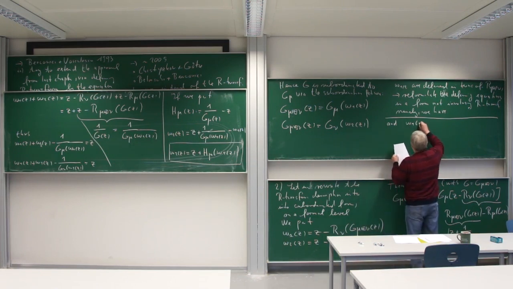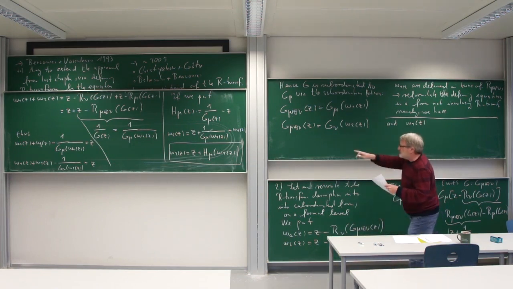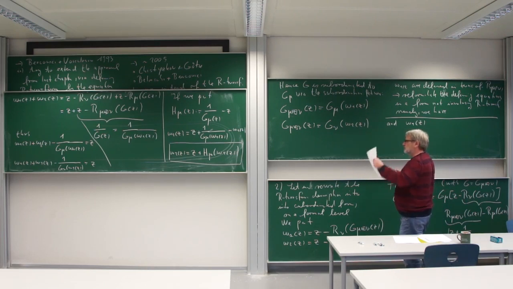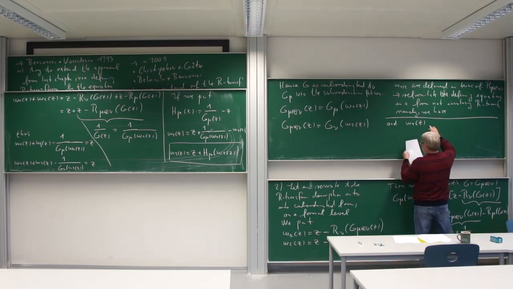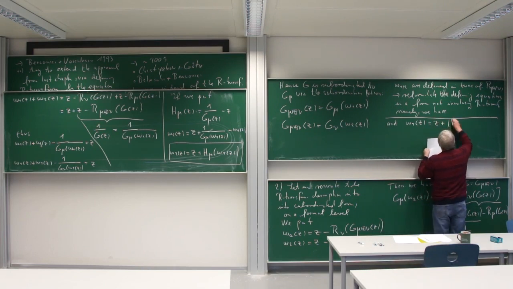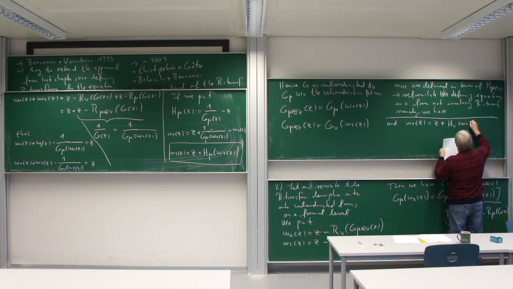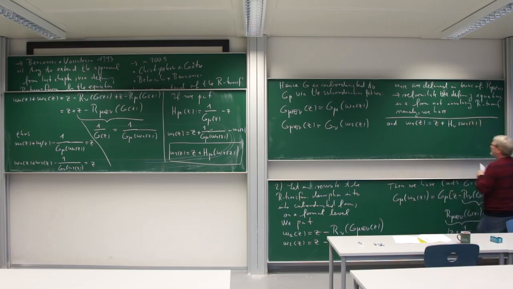Of course, I can do the same the other way around. I can also write omega 1 in terms of omega 2 as z plus h mu of omega 2 of z. And then I can use this equation to eliminate this omega 2.